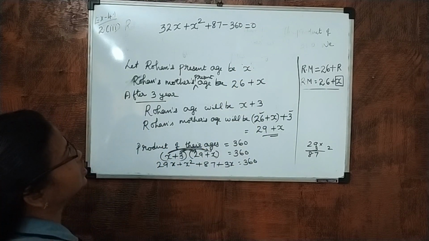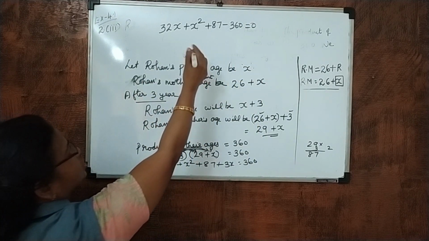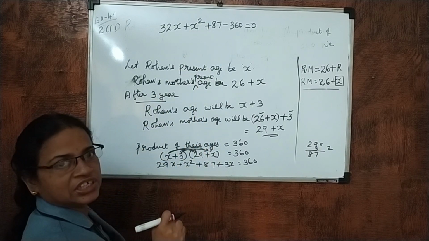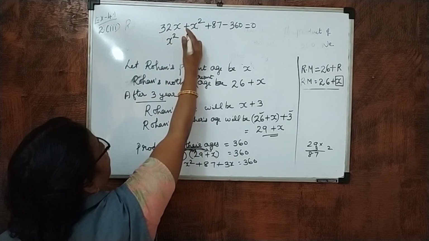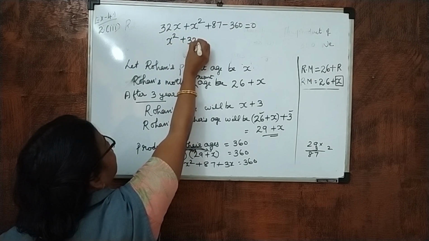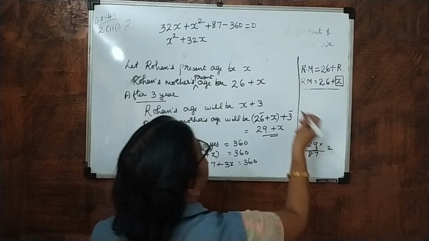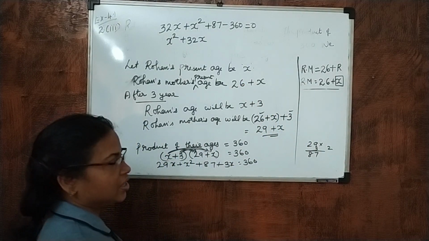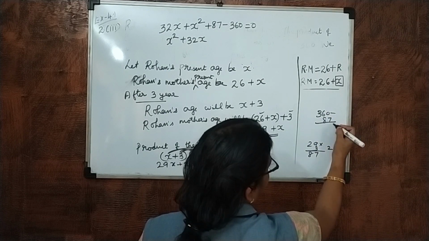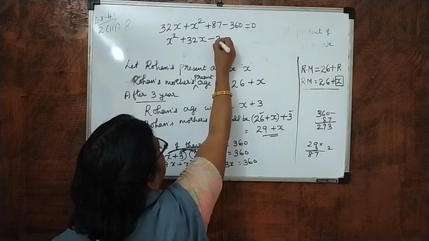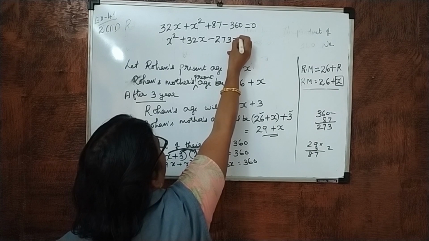Okay, take the numbers to one side. First you arrange in order. Which degree is there first? It is square. So x square plus 32x, then 87 minus 360, it will be minus 273, equal to 0.